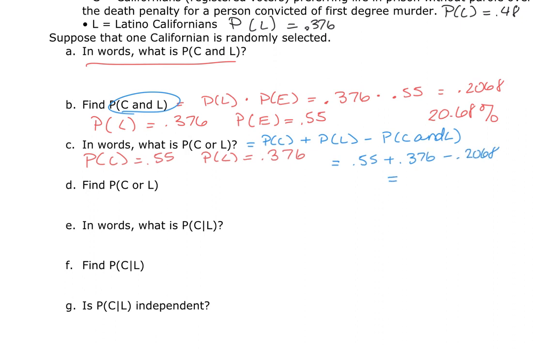And my final answer then is 0.64645, or I have a 64.645% chance of choosing somebody that is a California registered voter who believes in prison without parole over the death penalty, or is a Latino.